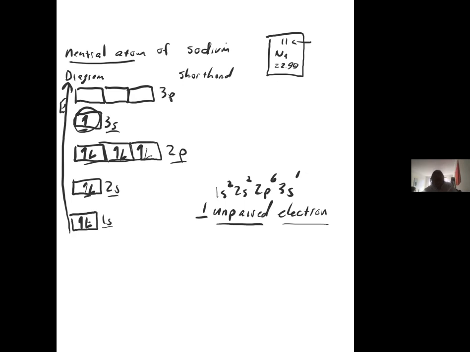Okay. The terms you'll see with paired electrons are diamagnetic and paramagnetic. Diamagnetic means fewer unpaired electrons. Paramagnetic means more unpaired electrons.